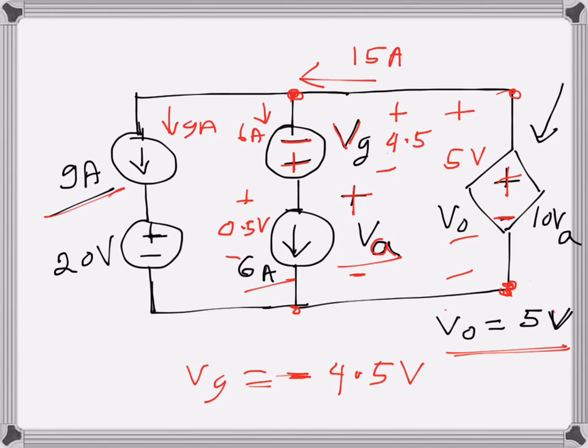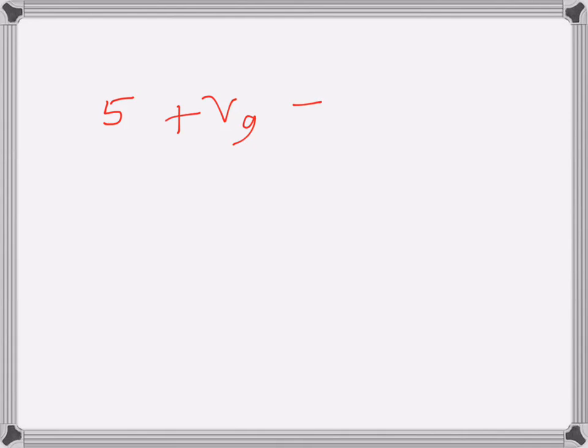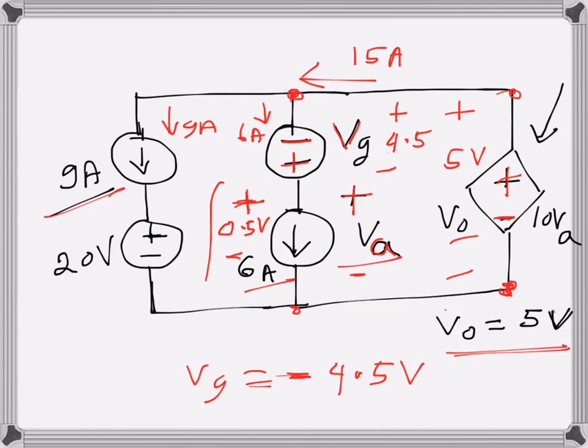Then I have this one, 0.5, which is a drop because I am going in this direction, so minus 0.5, equal to 0. So the sum of the rises and drops is 0, and there is only one drop, that's negative. What I get from here as well is that VG is negative 4.5 volts. The polarity of this one is like that, that's why it's negative. So the actual polarity is like that.